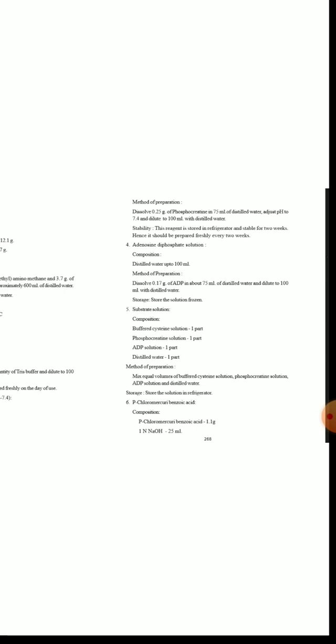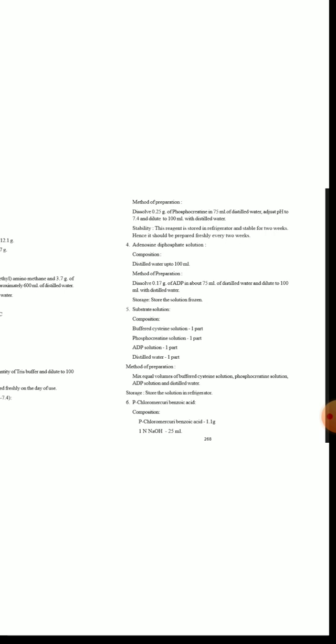Dissolve 0.25 gram of phospho-creatine in 75 ml of distilled water, adjust pH to 7.4 and dilute to 100 ml with distilled water. This reagent is stored in refrigerator and is stable for 2 weeks. Hence, it should be prepared freshly every 2 weeks.